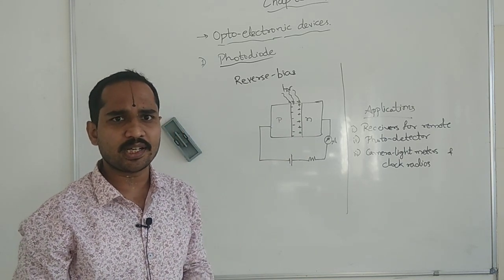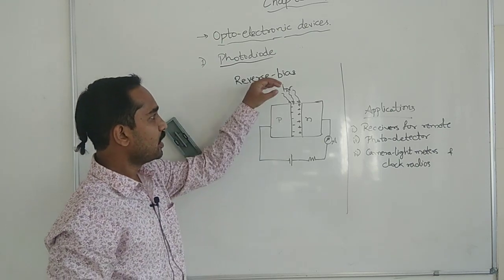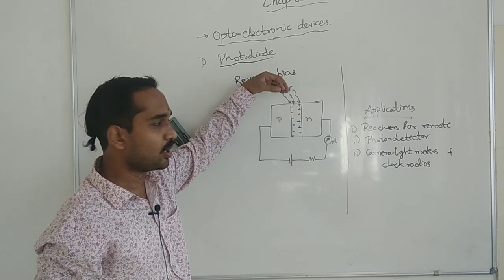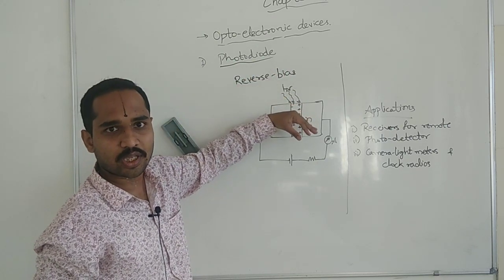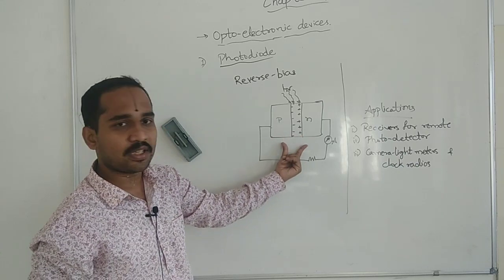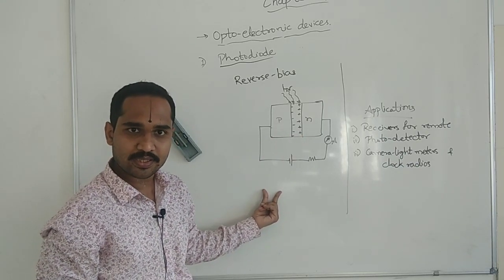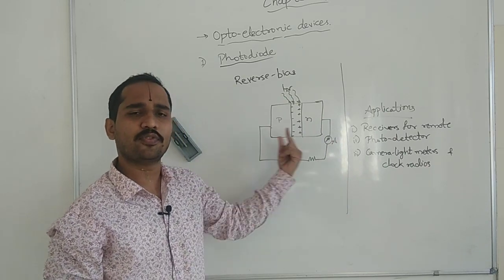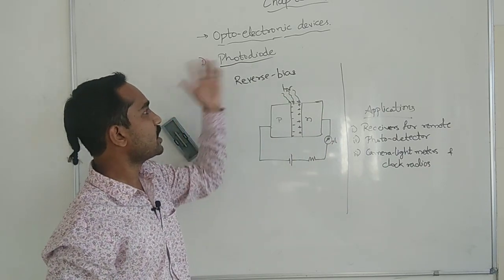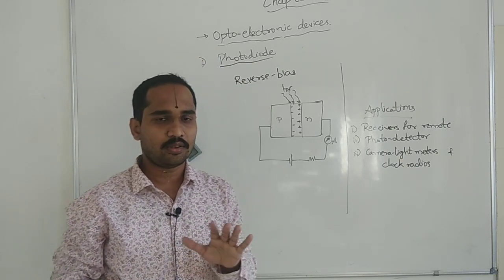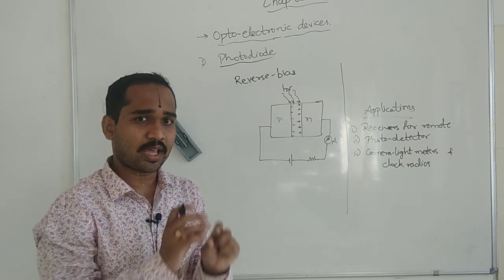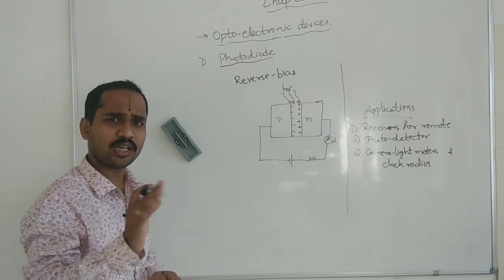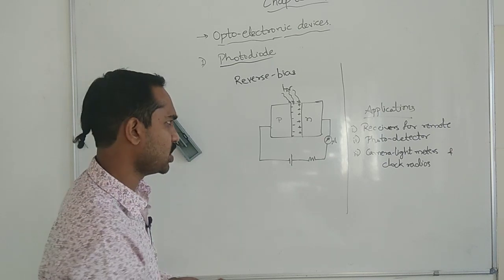Flow of charge carriers is nothing but current. When you are illuminating the PN junction diode, that means you are sending the light energy on it. When you illuminate the PN junction under reverse bias, if it creates the flow of current, such a device is known as a photodiode. You have to form a correct definition out of it. If you don't get it, please message me. I will tell the definition later.